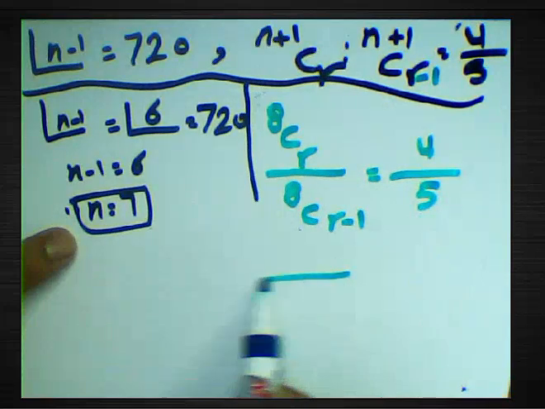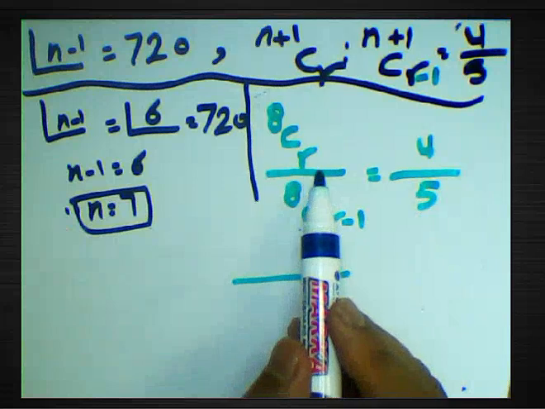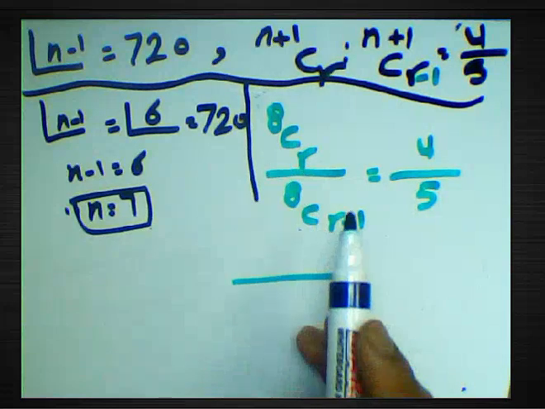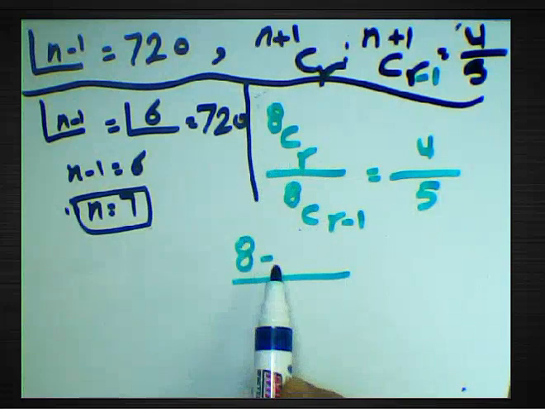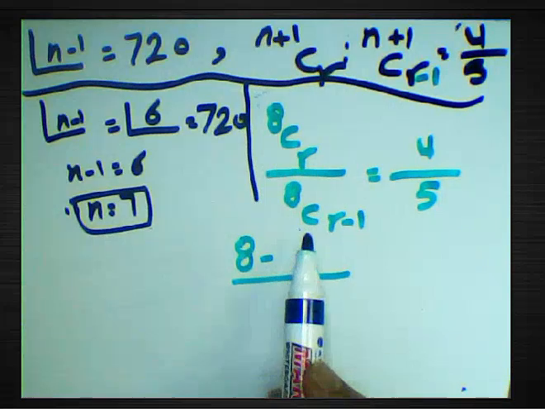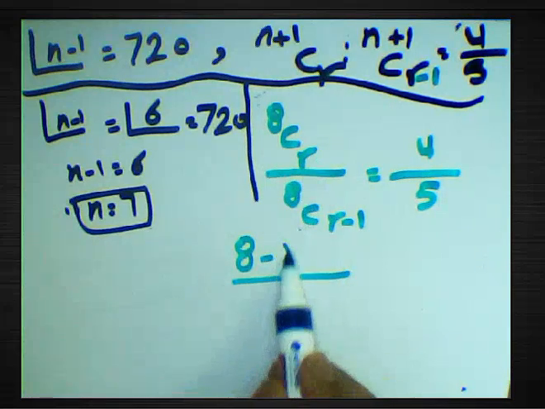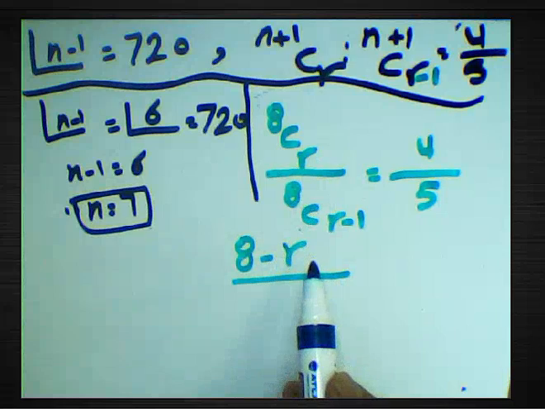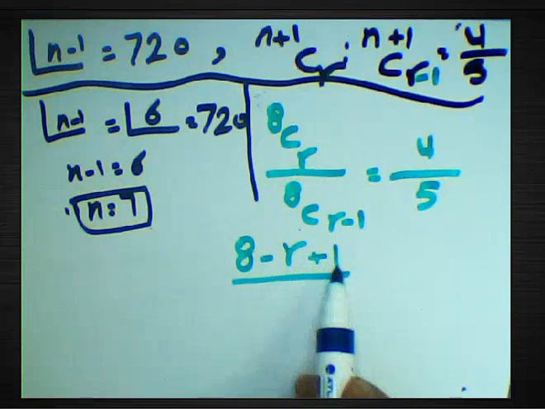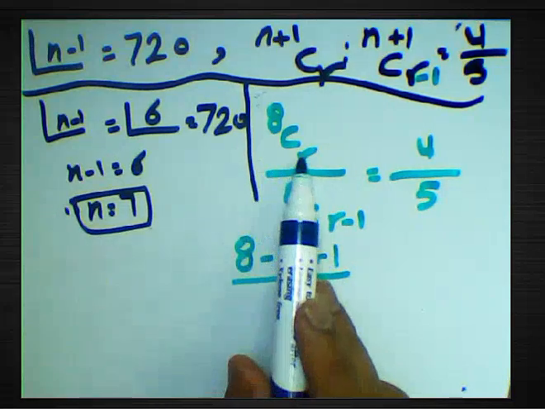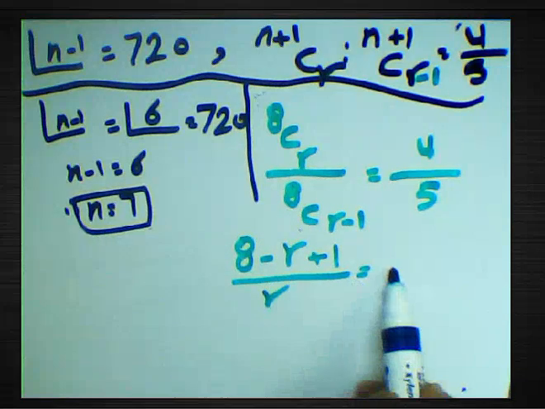We can use the rule here because we have the greatest up and the smallest down. We must write 8 minus the greatest, which is r minus 1, plus 1, over the greatest, r. The result will be 4 over 5.